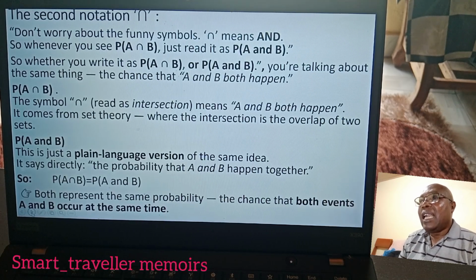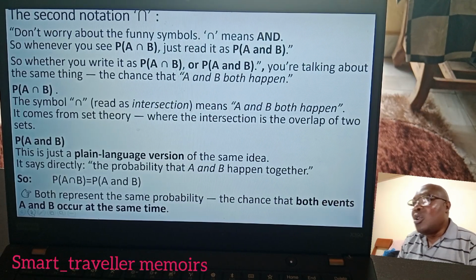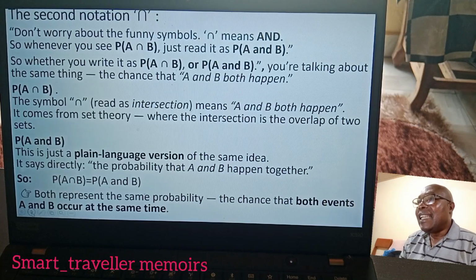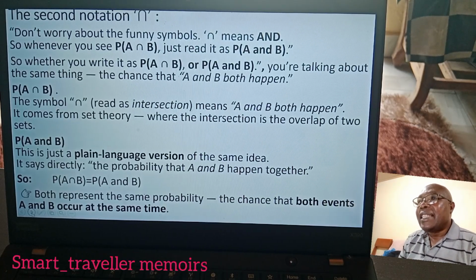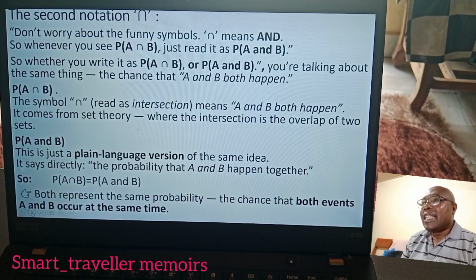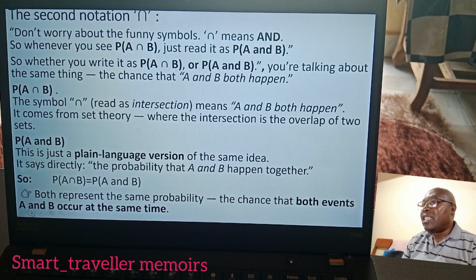P(A inverted N B). The symbol N or inverted U is read as intersection. So you read that one as P(A intersection B), which means A and B both happen. It comes from set theory, where the intersection is the overlap of two sets.